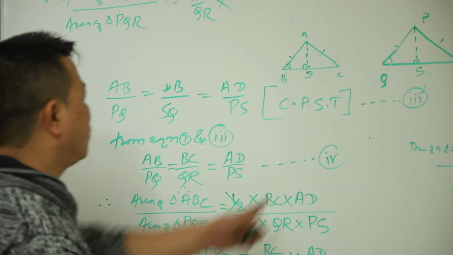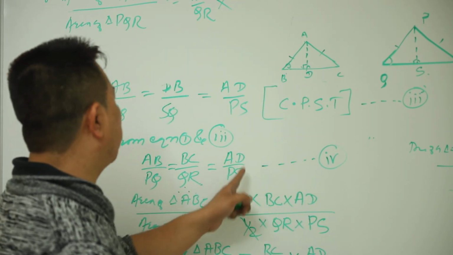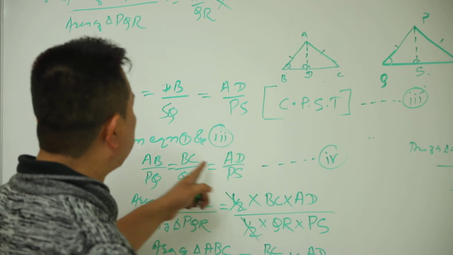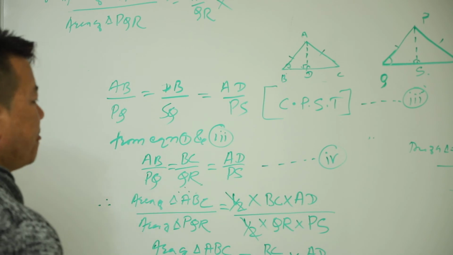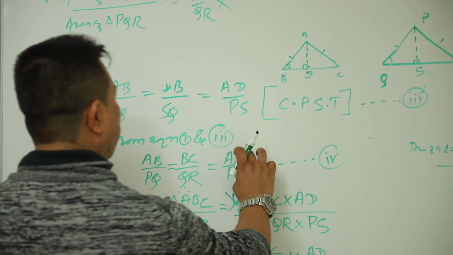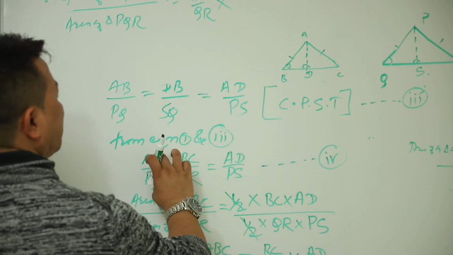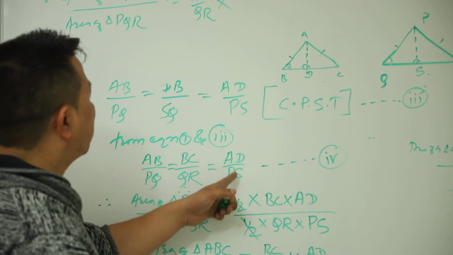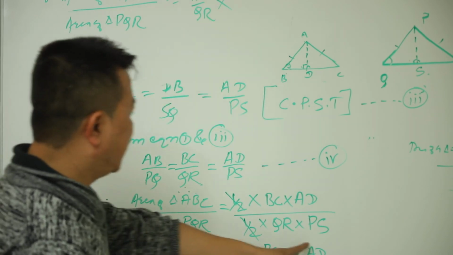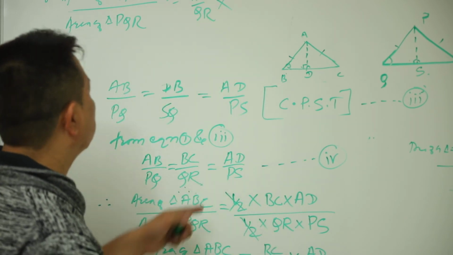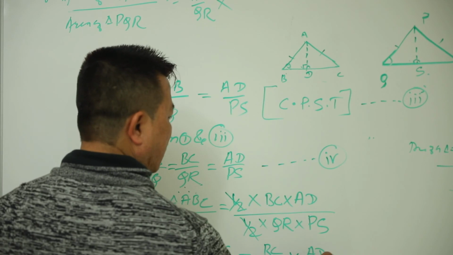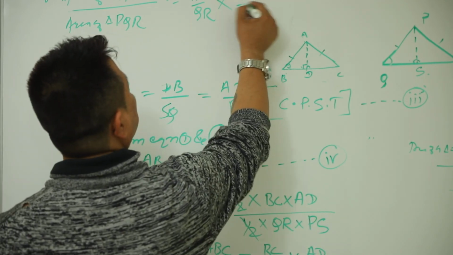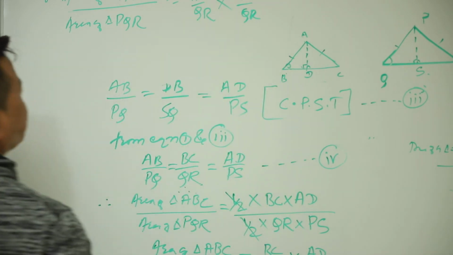According to equation number 4, AD upon PS is also equivalent to AB by PQ, also equivalent to BC by QR. So you can replace AD by PS by BC upon QR. So in place of this AD upon PS, you can write BC upon QR.